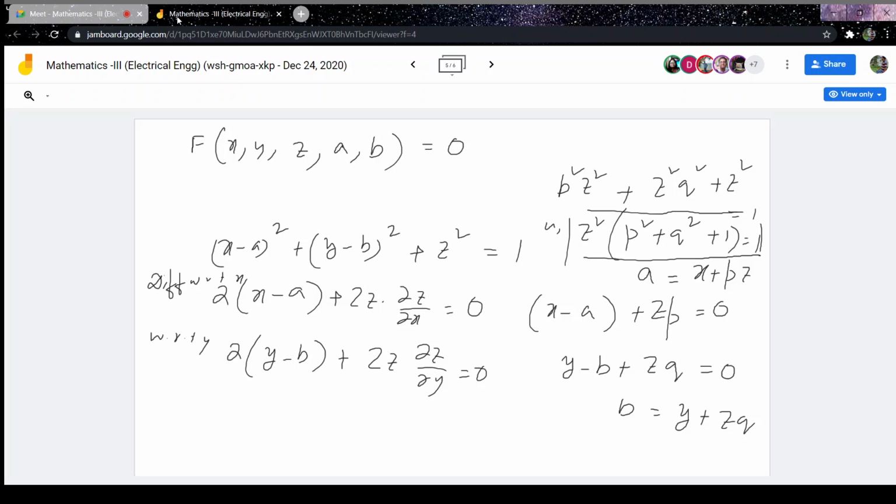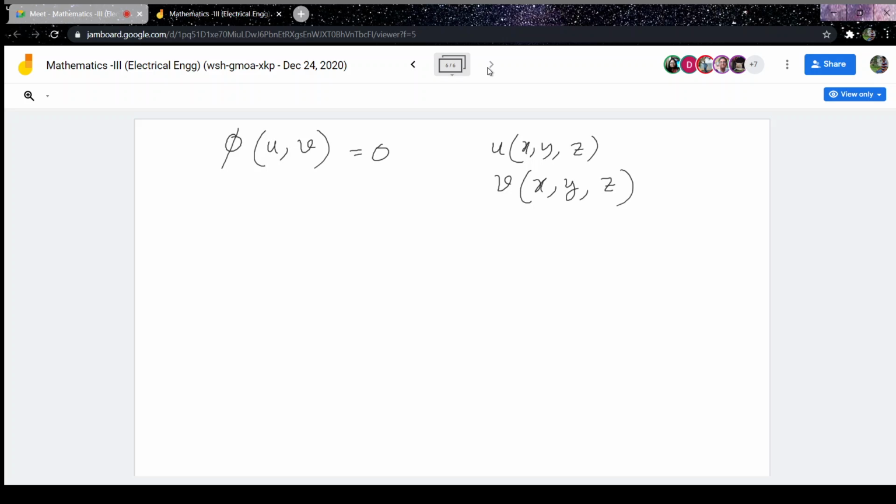Your u is a function of x, y, z, your v is a function of x, y, z, and your z is dependent on x and y. Then from this relation we will find a partial differential equation, and that will imply that this will be a solution of a partial differential equation where we will find out this u and v for some constants. If our given equation is second order, we will get two constants.